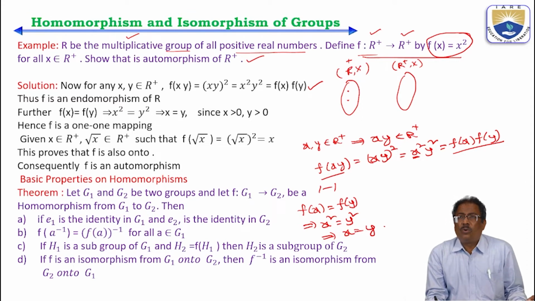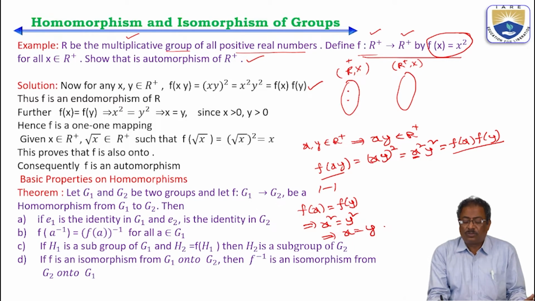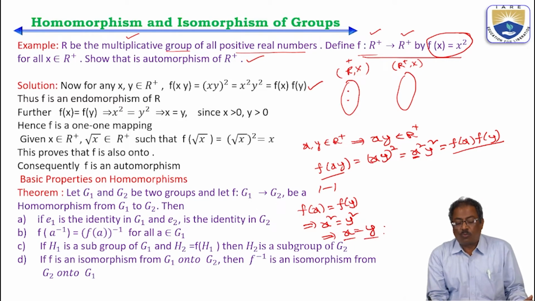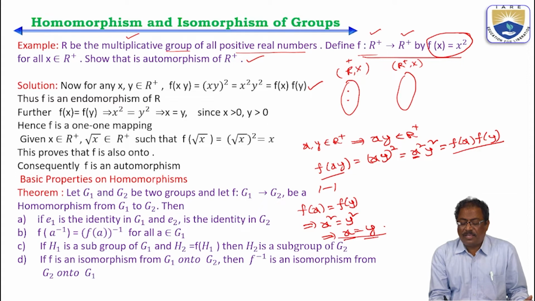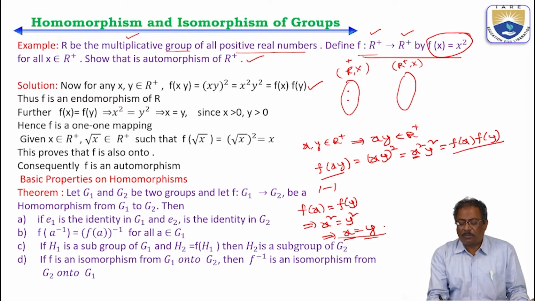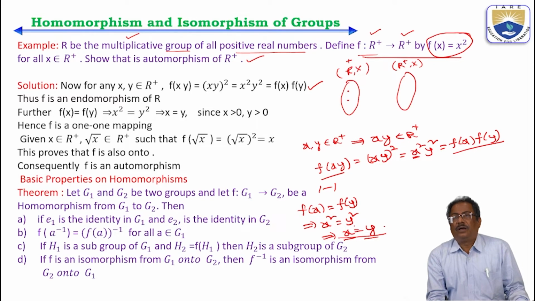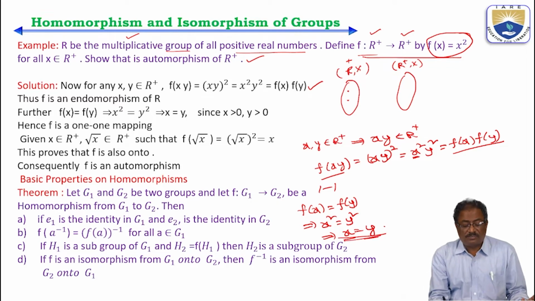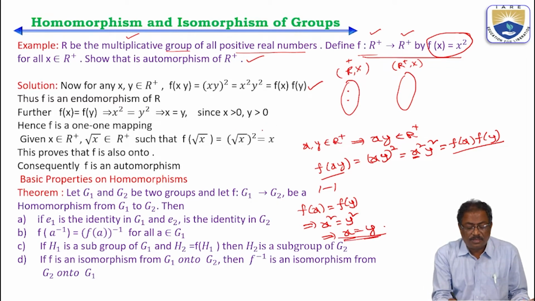But here only positive real numbers are there, so I am taking x equals y. Minus x is not a member here, otherwise it is not at all a function. So I'm not going to consider the negative real numbers, only the positive. So f of x equals f of y implies x equals y. So we can say that the function is 1-1.